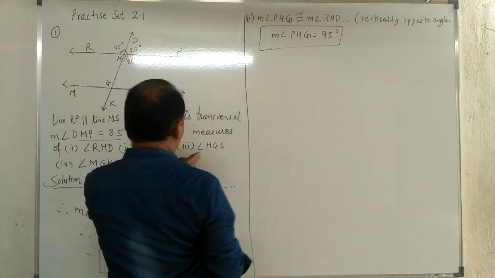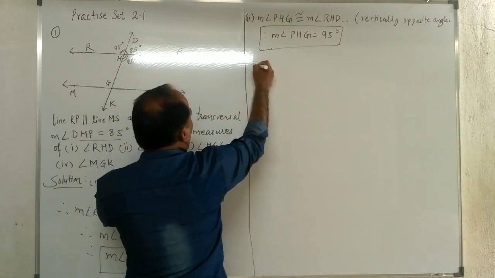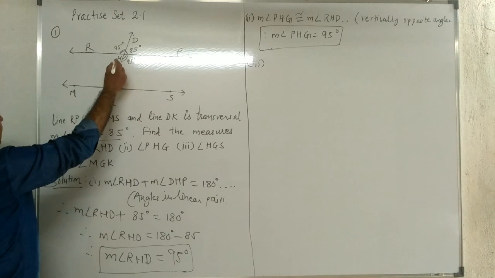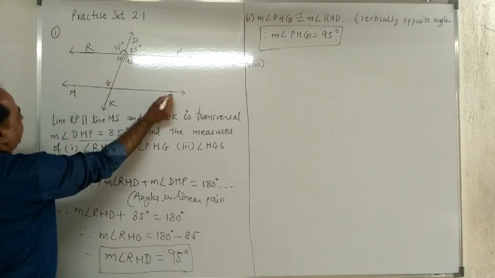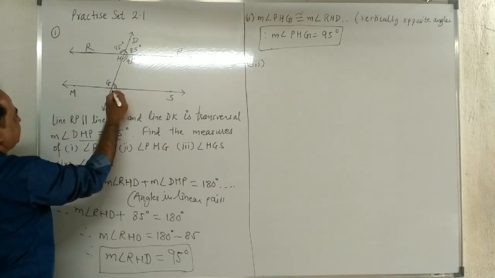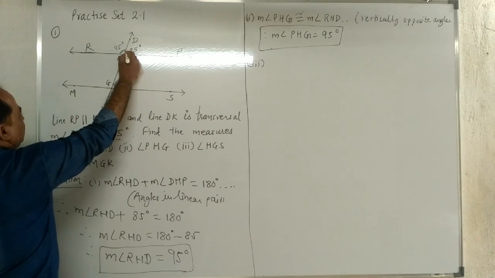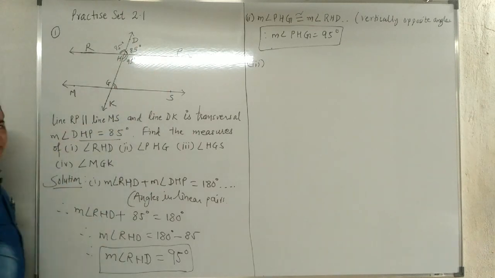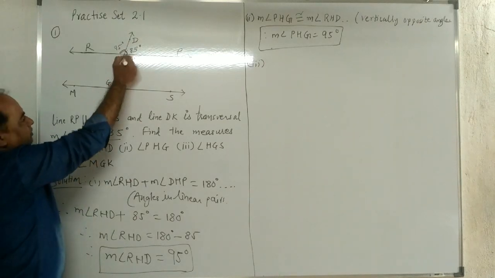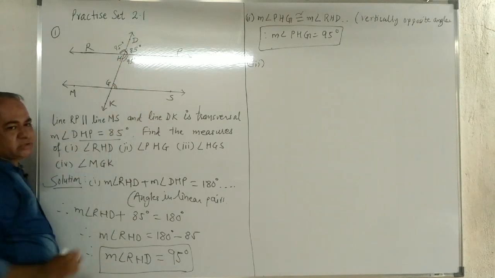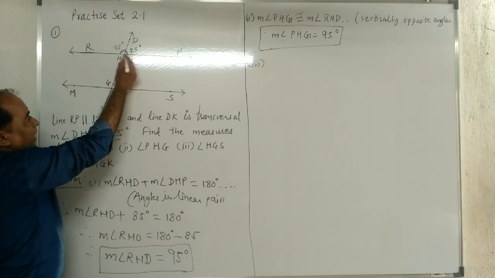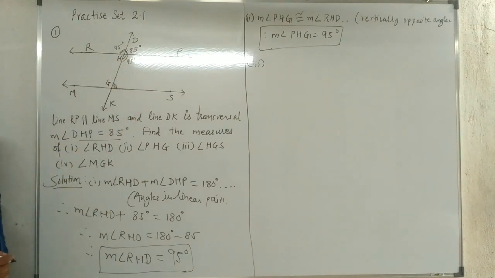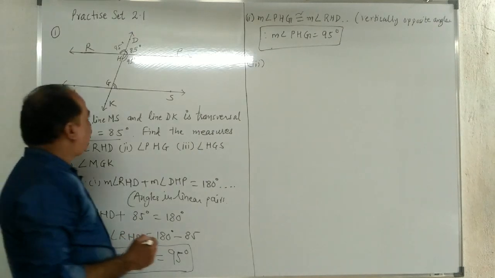Now the third one, measure angle HGS. Angle HGS is congruent to angle DHP. These are corresponding angles, and corresponding angles are congruent.